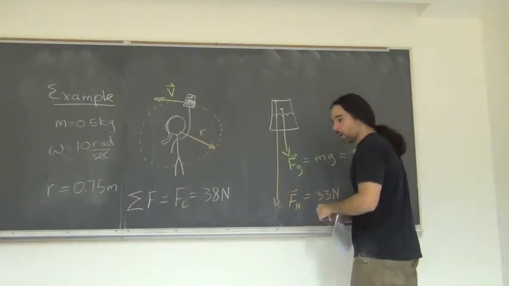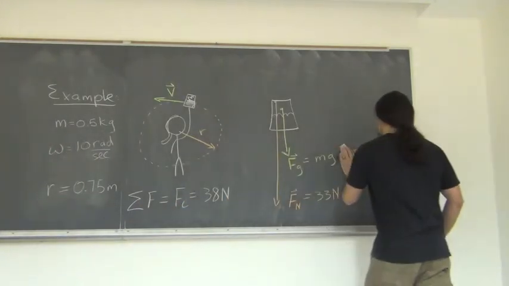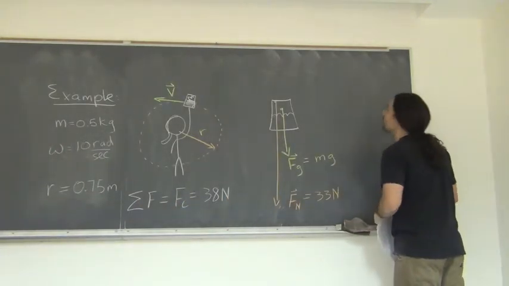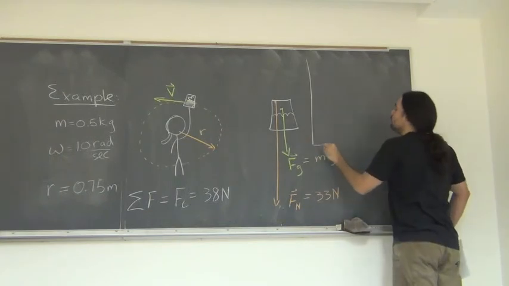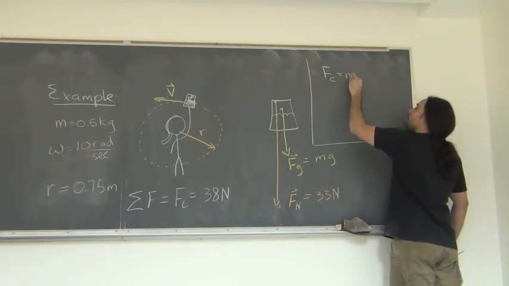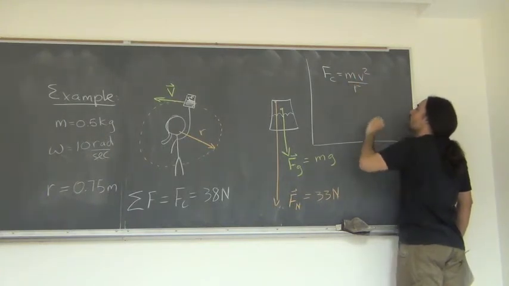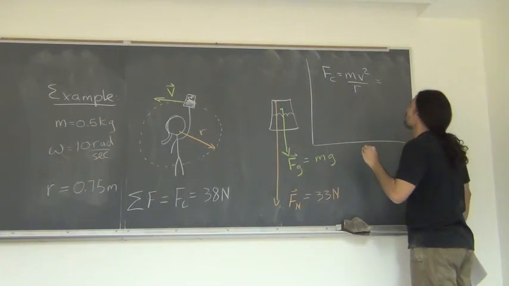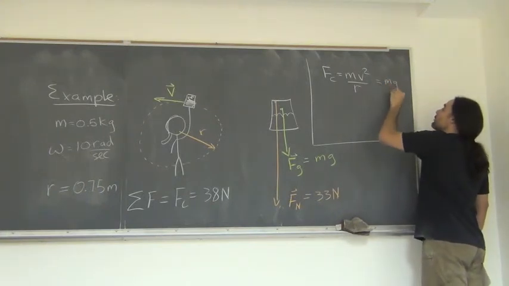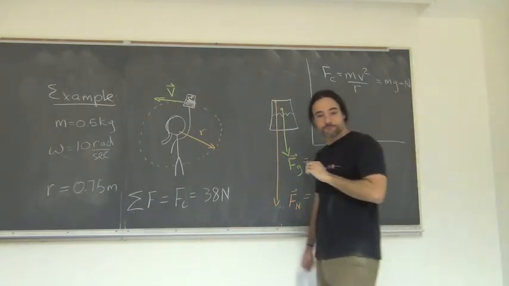So recall that that centripetal force was equal to m times v squared divided by r. But that's got to be equal to the gravitational force plus the normal force.